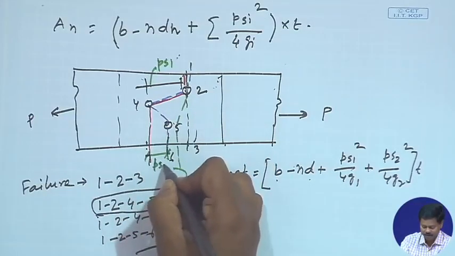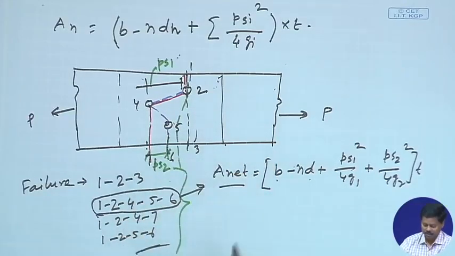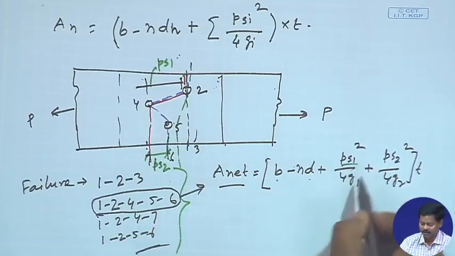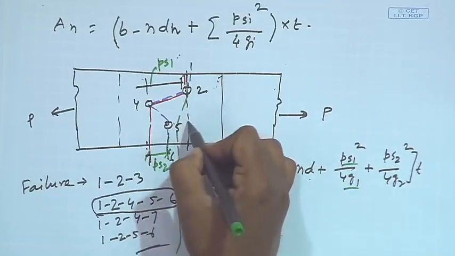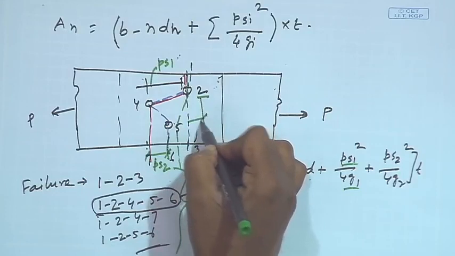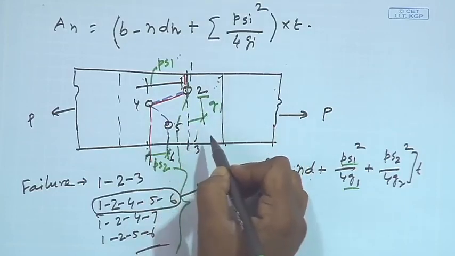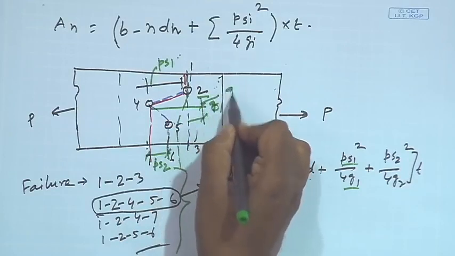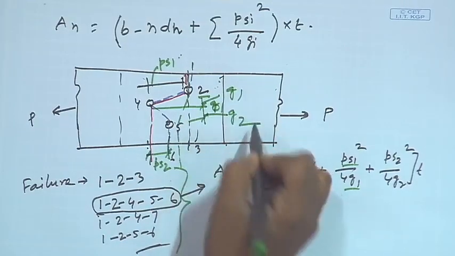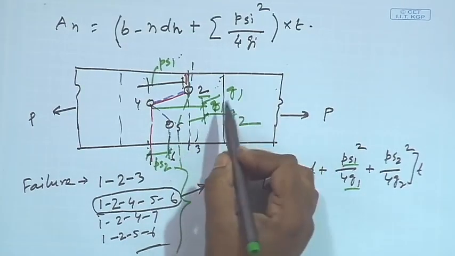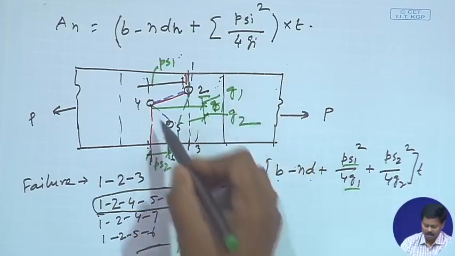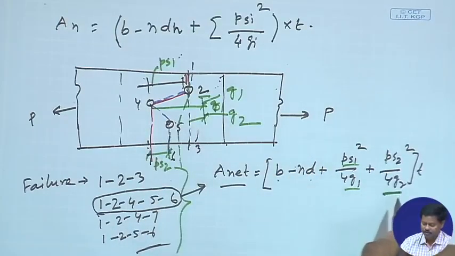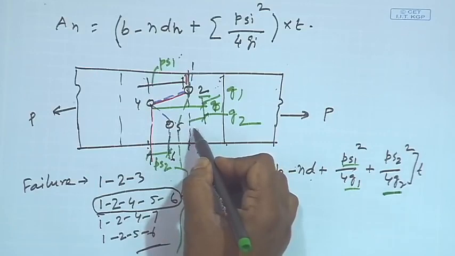So, it is P S 2, right. P S 1 square by 4 G 1, this is G 1, and this is G 2. So, then P S 2 square by 4 G 2.